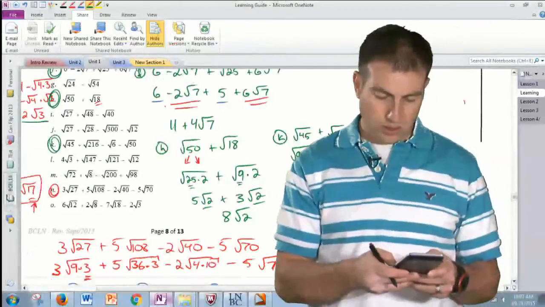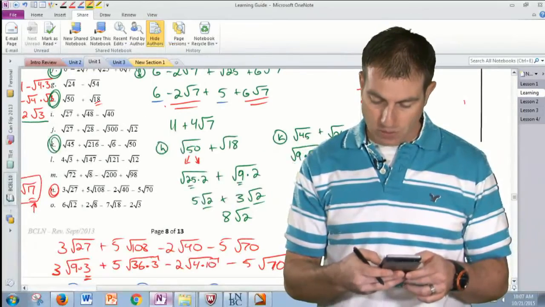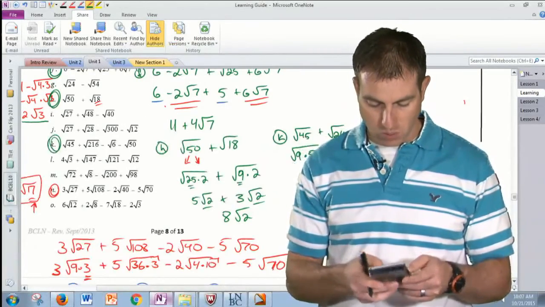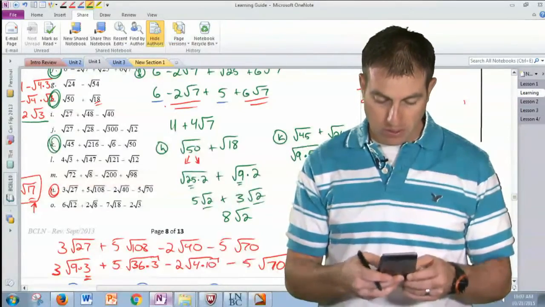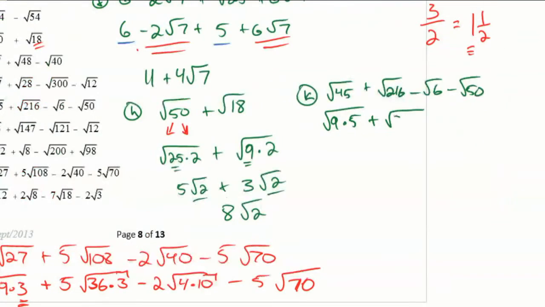I'm going to go 216 divided by 9. So 9 and 24, there's going to be a bigger one. 216 divided by 36, 36 and 6. So 216 breaks down to 36 and 6. Why did I know that 6? I saw it here, so I had a feeling I'd probably use that one again. Minus root 6, minus root 50.